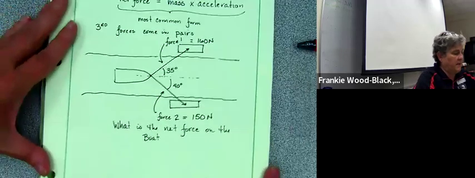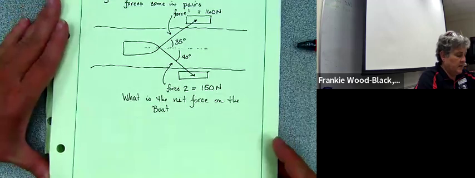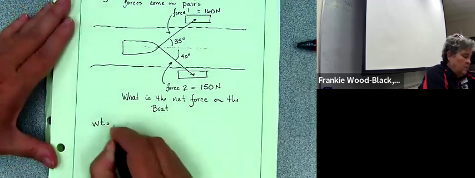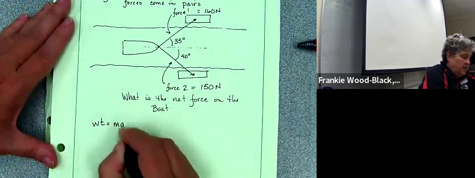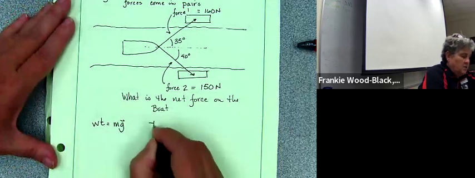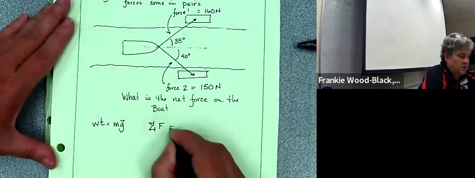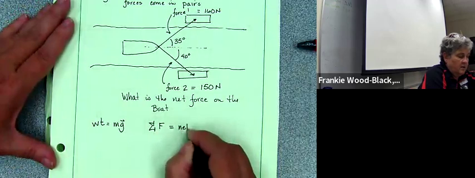Well, let's take a step back for a second. Remember, we said yesterday that weight was equal to mass times gravity. And we're also saying, and this is what we're doing, that the summation of the forces is going to be our net force.